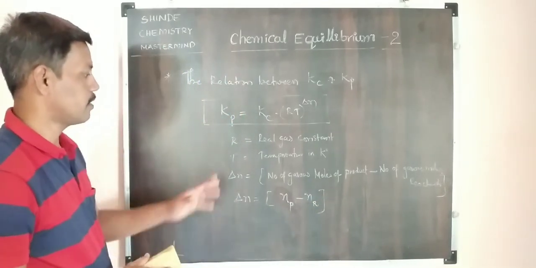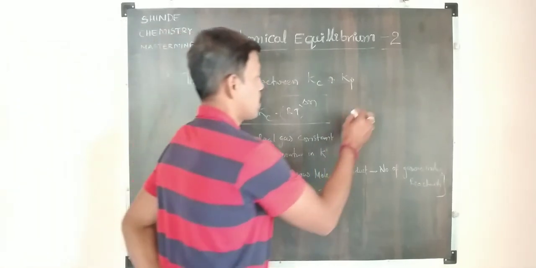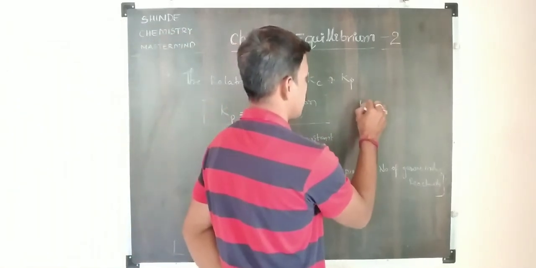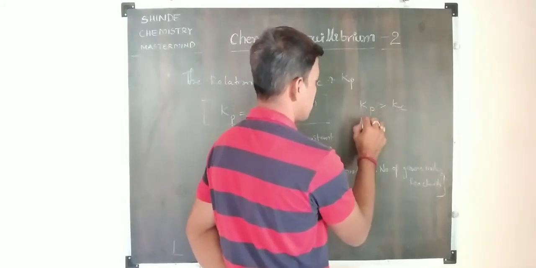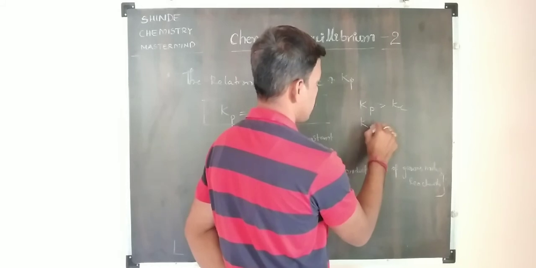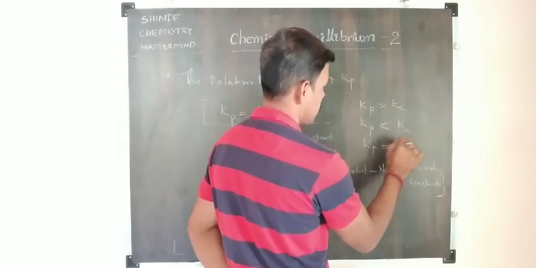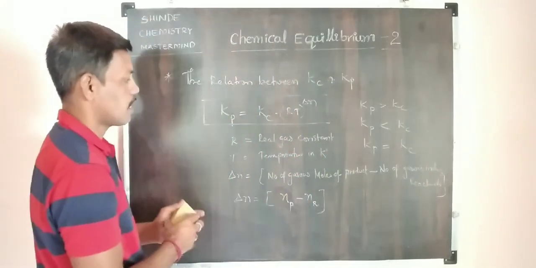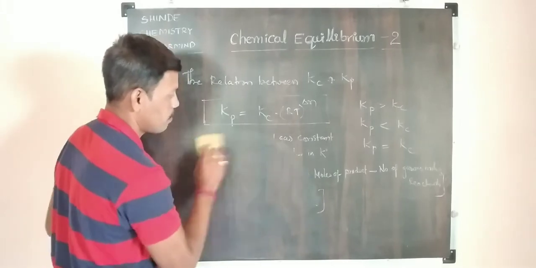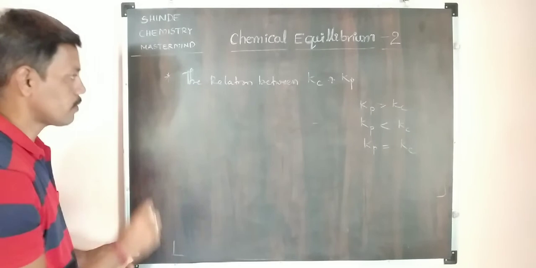And then, in chemical equilibrium, sometimes Kp is greater than Kc, in some equilibriums Kp is less than Kc, and in some chemical equilibriums Kp is equal to Kc. So let's see, friends, what these chemical equilibriums are.